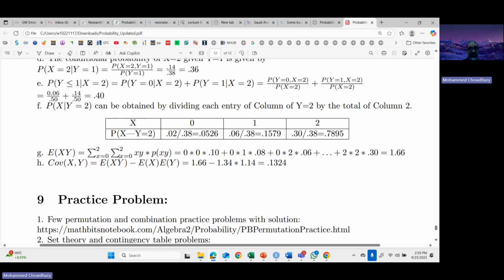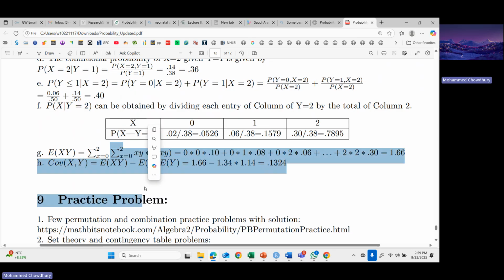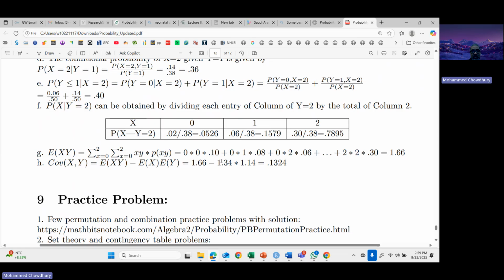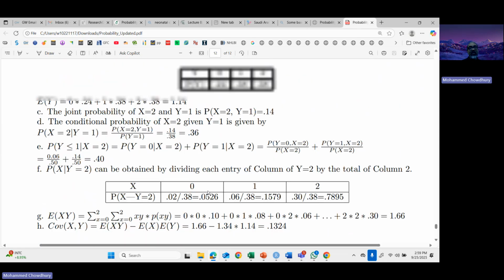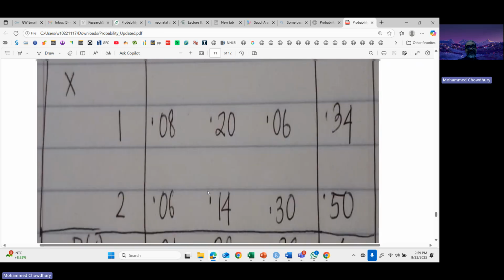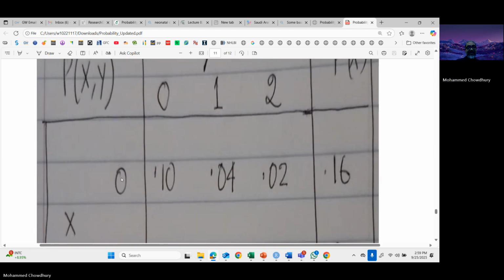This is equal to y equal to 0 to 2, understand? Now if it goes 0 times 0, so all the 9 probabilities in here, this times that times this times that times this times that times this.